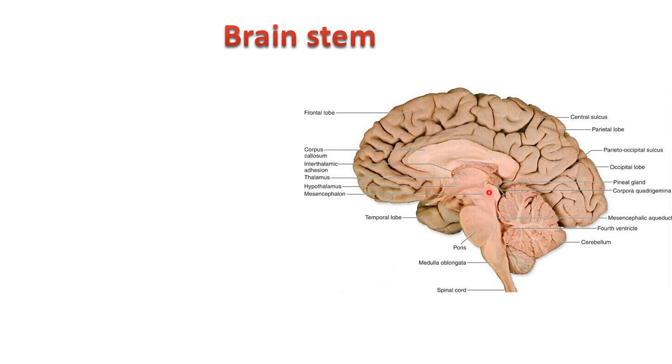Then you are able to see a narrow passage here that is called as the cerebral aqueduct, which is the cavity of the midbrain. Then here, what you are able to see is the fourth ventricle, the cavity which is shared between the components of the hindbrain.